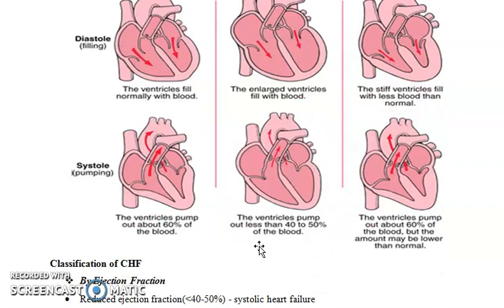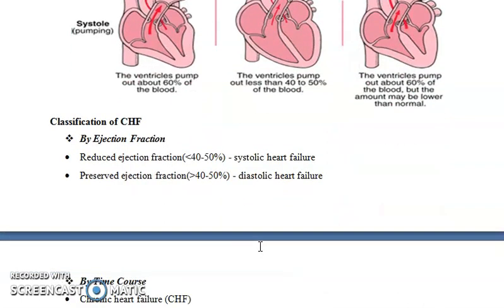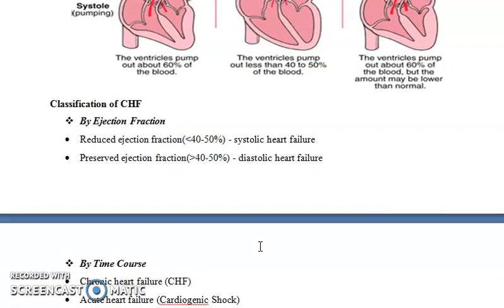Coming to the next one, what is the classification of congestive heart failure? It is classified based on ejection fraction. Whenever there is a reduced ejection fraction, it is called systolic heart failure, and with preserved ejection fraction, it is called diastolic heart failure.